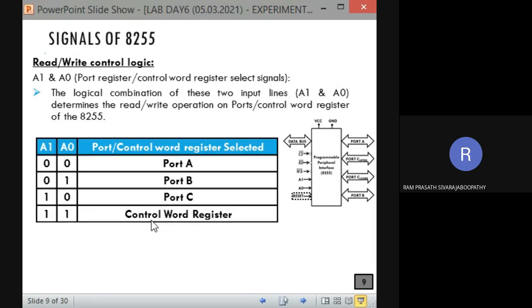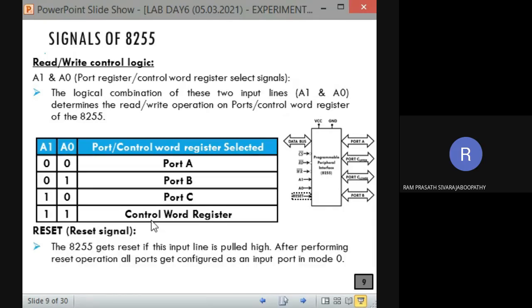Then finally, we talked about reset. Whenever the 8085 microprocessor is reset, the 8255 will also get reset. When this pin goes to high logic, at that time the 8255 will get reset. By default, all ports in the 8255 are configured as input ports in mode 0.